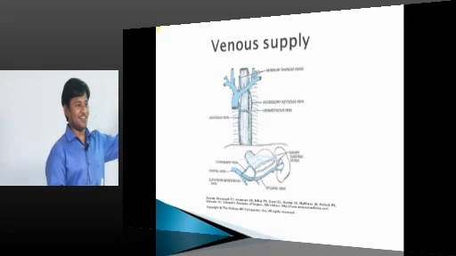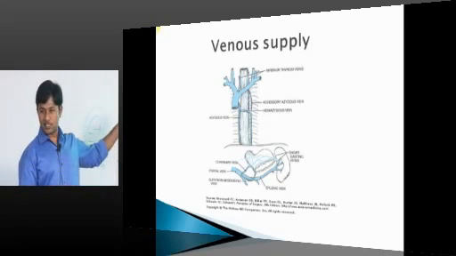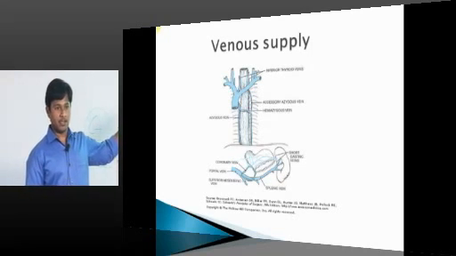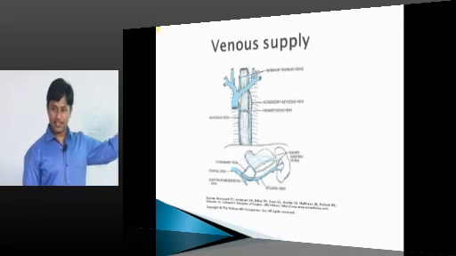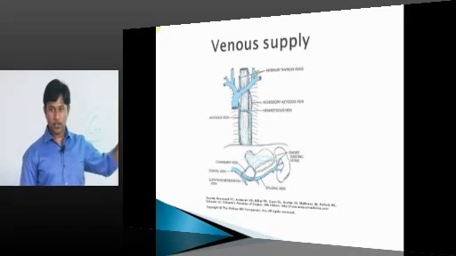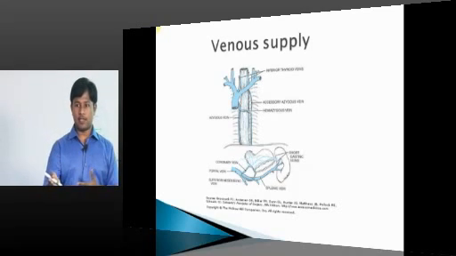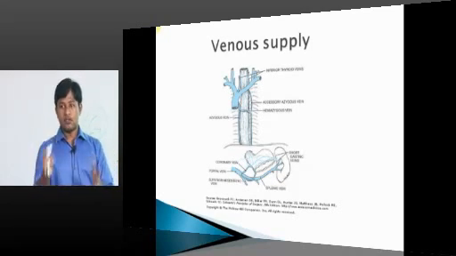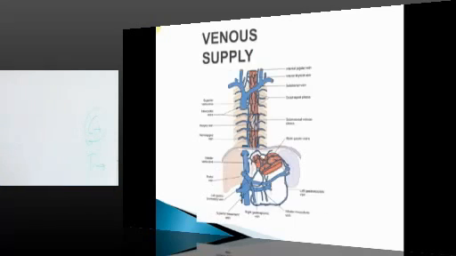Please try to see the figure and answer. Hemiazygos is on the left side. This is basic anatomy, but whenever the examiner asks you an MCQ, he will try to make some alterations and difficulties.